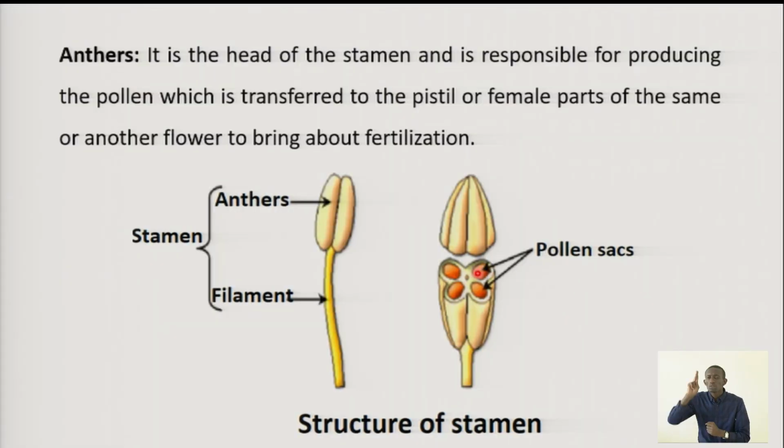You can see these pollen sacs are 4. And inside pollen sacs, that's where we find pollen. And pollen has pollen grains. Then you can see this is the filament, which holds the anthers in proper position. Then anthers, we have seen, have pollen sacs, which contain pollen, which contains pollen grains.